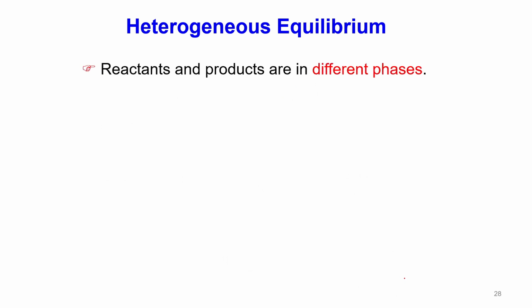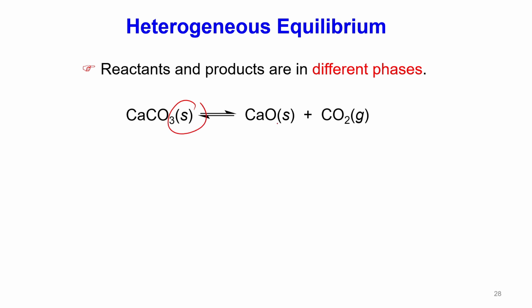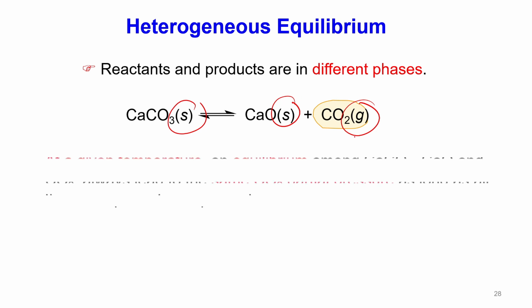Next, heterogeneous equilibrium. So for heterogeneous equilibrium, reactants and products are in different phases. Kalau different phase, di sini kita ada solid, this one is gas. Only gas is taken into consideration untuk heterogeneous system.